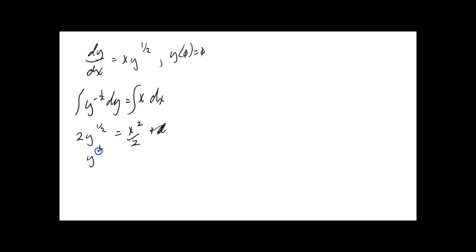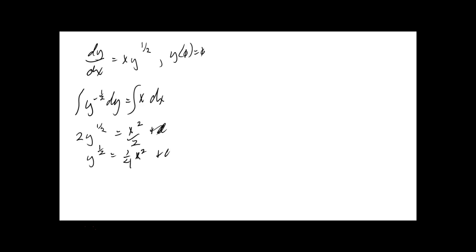Have it y to the 1/2 is equal to 1/4 x squared. Then we'll put our plus c in there. Just a constant, and you can either multiply by 4, divide by 2, whatever you want to do. It remains a constant. So wait till you do all that kind of stuff and go with it.